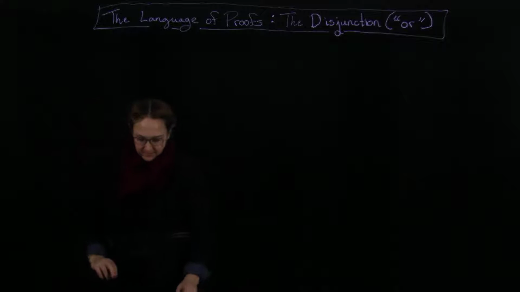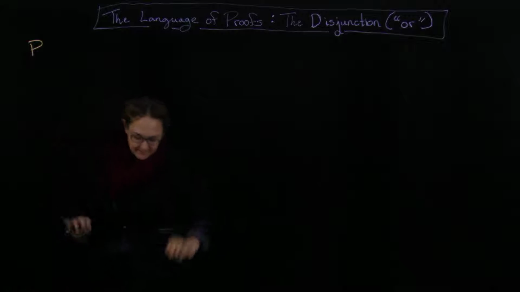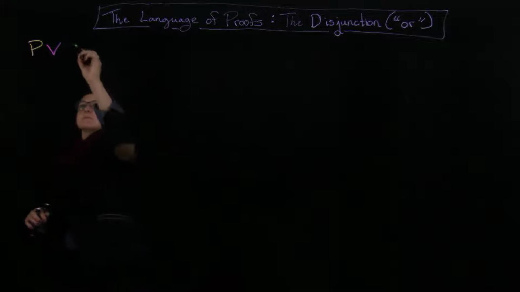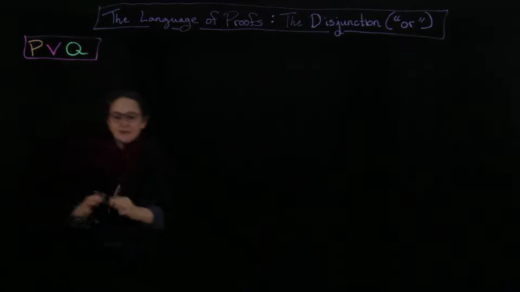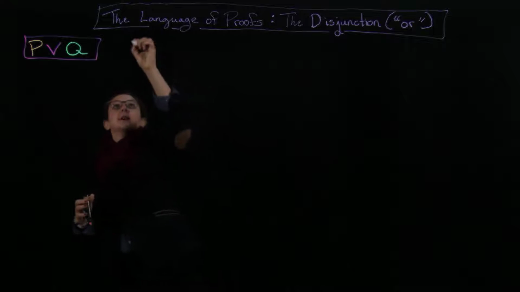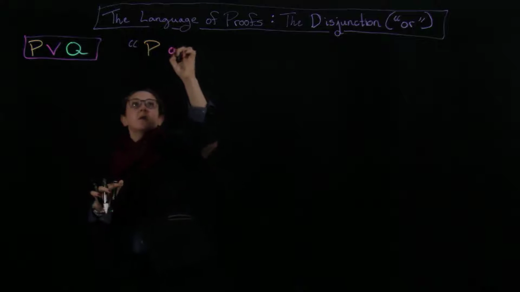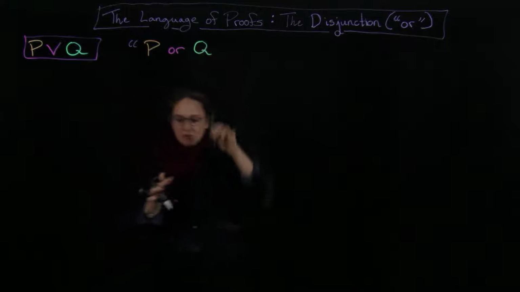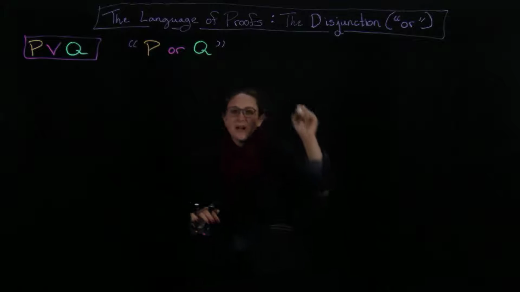Okay, so here we go. Here's the one that we want to look at in this lecture. This is just logic symbolism, like P or Q. A statement like this has the meaning, P, or (and a lot of times you'll see me capitalize that just to emphasize that I'm using a logic word) Q. That's how you would write it in words.